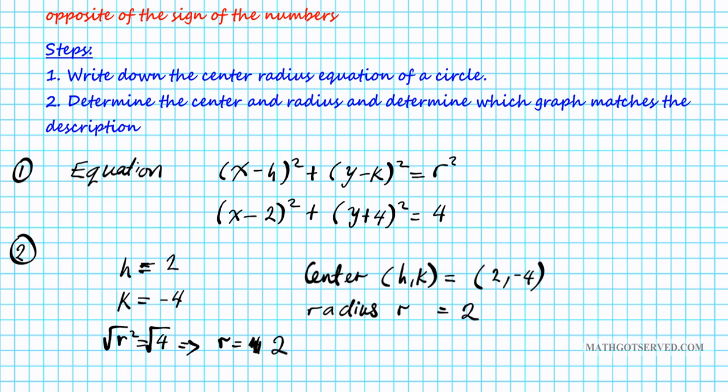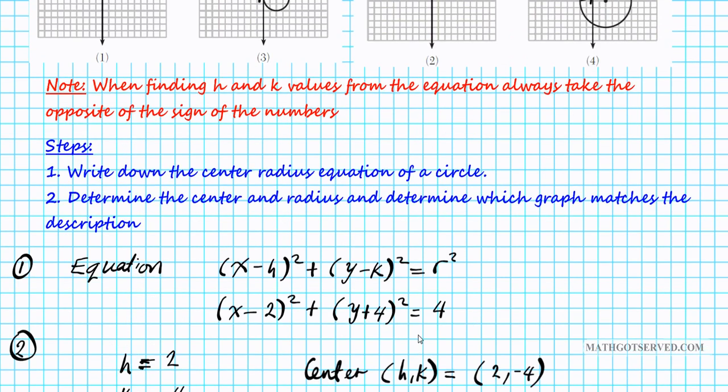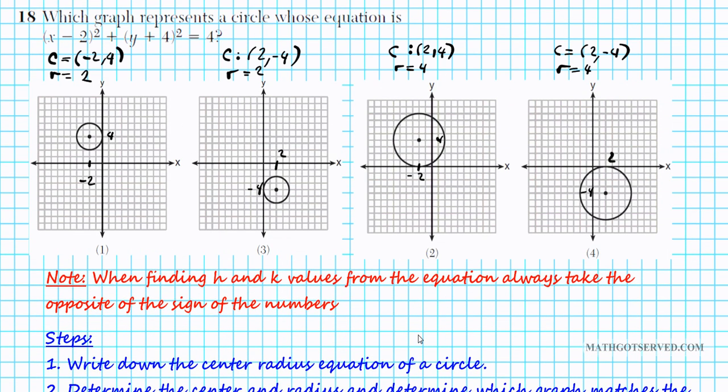So now what we're going to do is take a look at our circles and see which one has a center of 2, -4, and a radius of 2. Answer is option number 3. Okay? All right, so let's move on.